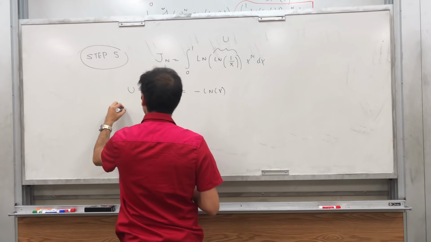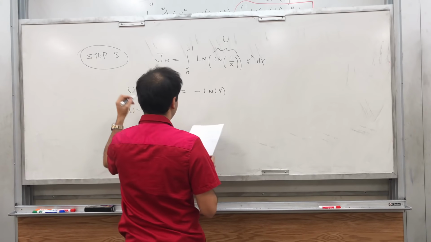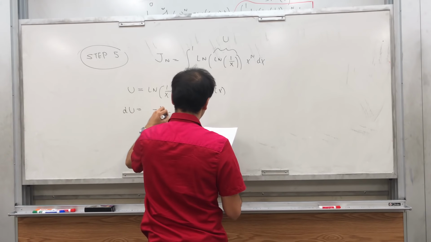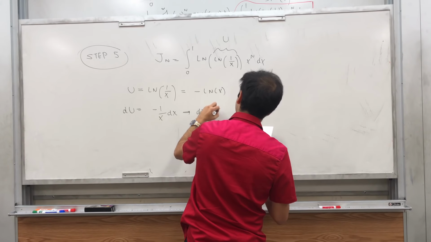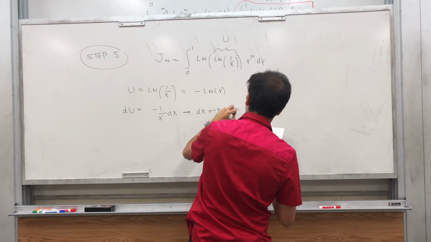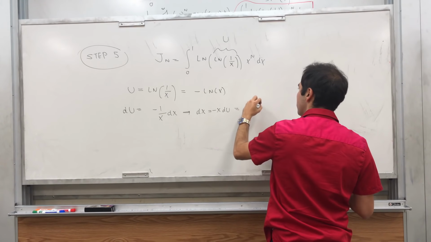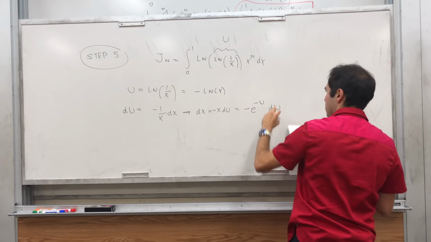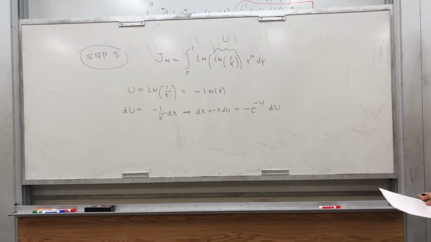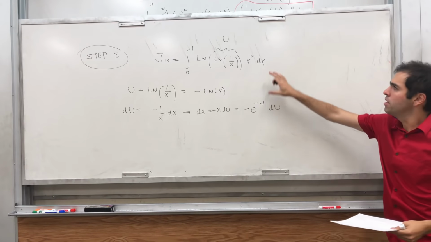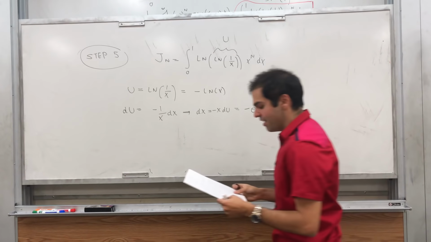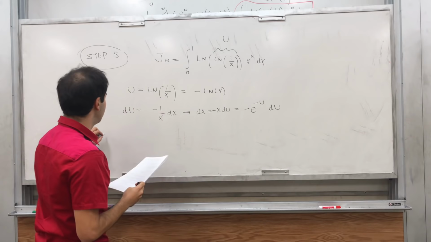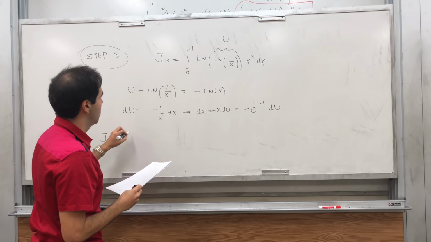Then what is du? du is minus 1 over x dx, which tells you dx. It's minus x du, and this is minus e^(-u) du. So you can solve for x in terms of u, and you get this term, so x to the n, so dx will be this, and then what does Jn become?